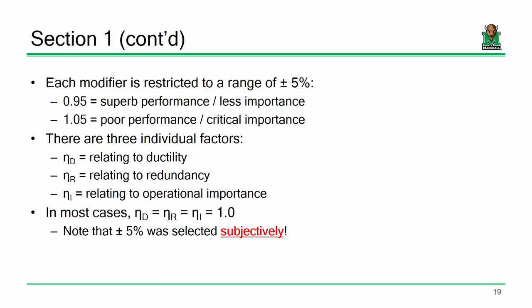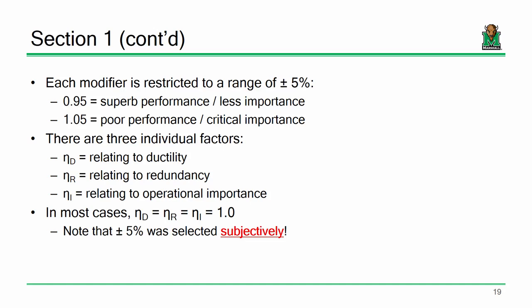And usually we would like structures to be very, very ductile. The problem is, we handle ductility in other areas of the spec. We don't need a load factor or some load modifier to account for it. It's the same thing with redundancy and operational importance.